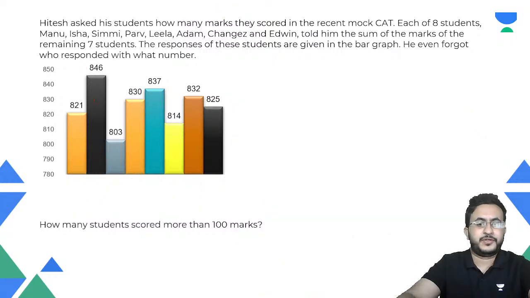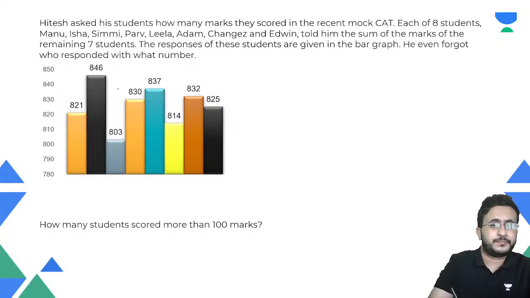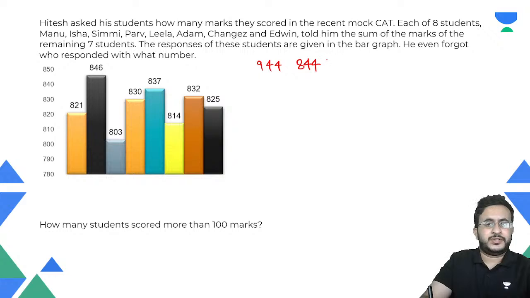Okay. Now, if the question is asking how many students scored more than 100 marks, so for more than 100, the total should be less than 844. Okay. So 944 हमारा है तो 844, if the quotation is above 844, so marks will be less than 100.